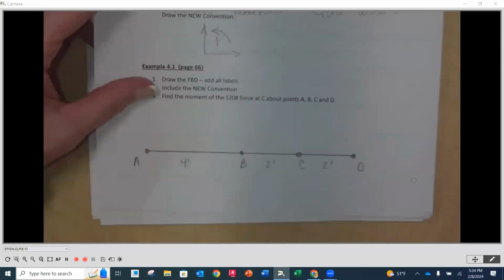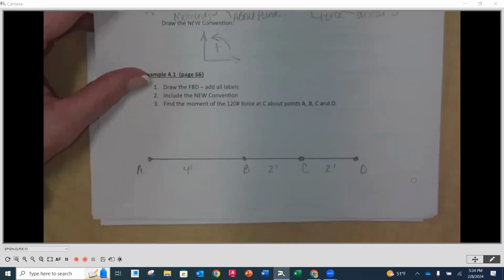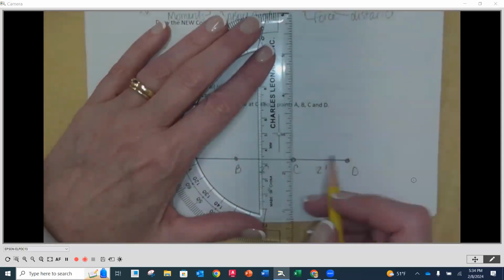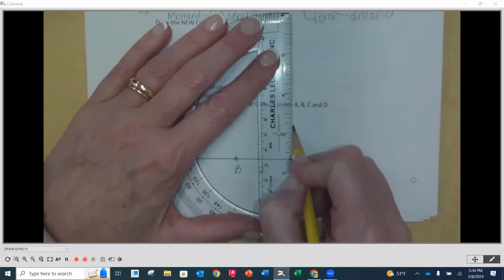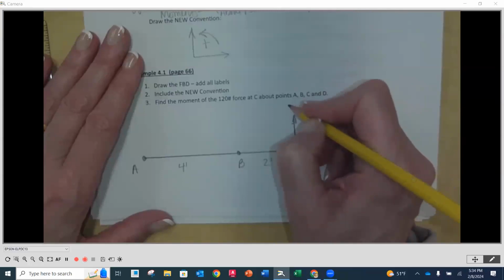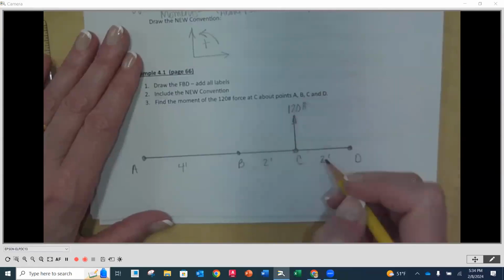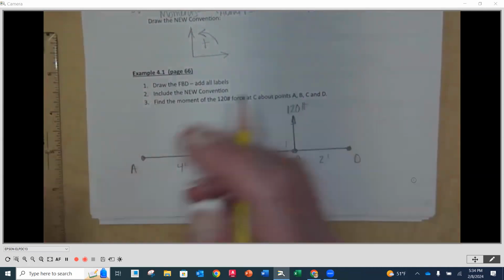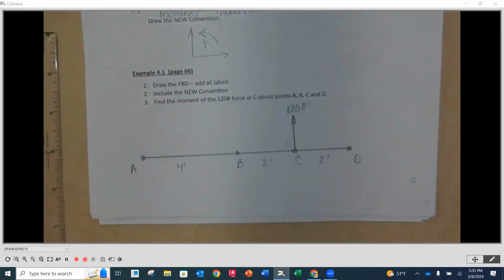You can use the symbols for the units, that's fine. Now I'm going to draw at C that force of 120 pounds. There's no angle to it, so our assumption is that it is 90 degrees because it's being shown vertical.